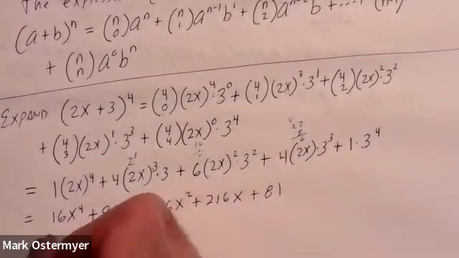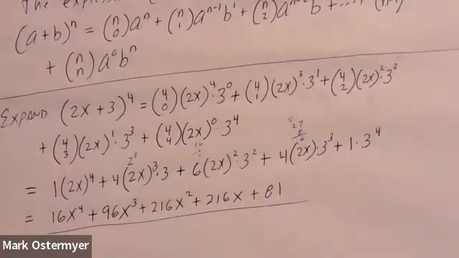And we're done. That would be the expansion. That's the expansion of that binomial, 2x plus 3 to the 4th power. See how we use the binomial theorem to generate that expansion? Any questions about that expansion there?